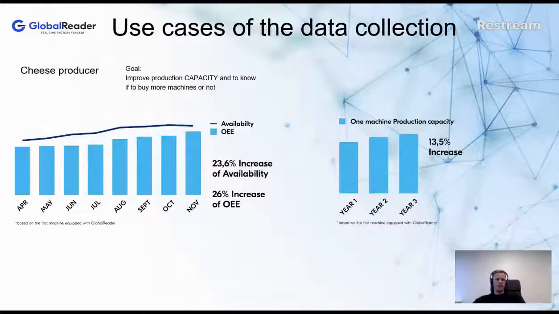You just have to start collecting data to find it. As you can see from the graphs, by increasing the OEE, the availability increased 23.6%. And this is from the point when they were basically ready to make an investment into a new, quite expensive machine. So there is always some hidden potential in the machine before you buy new and quite expensive equipment.